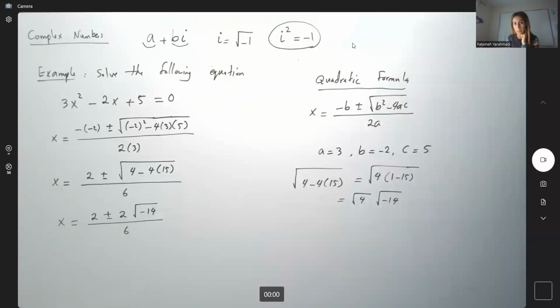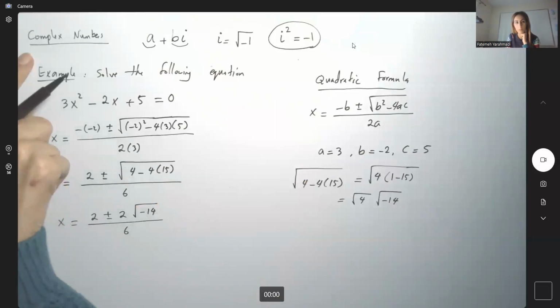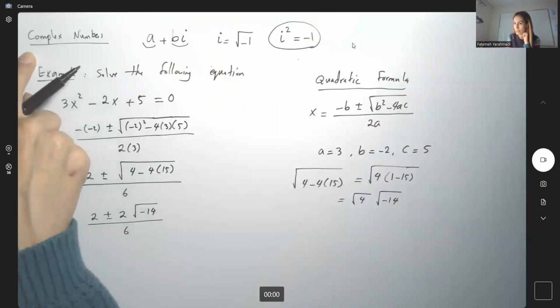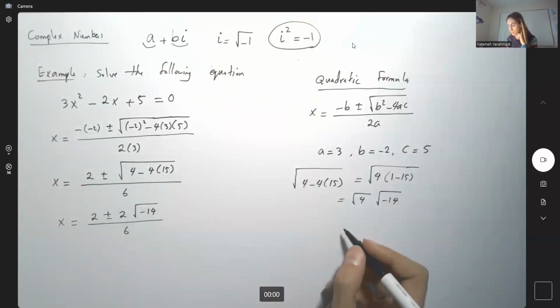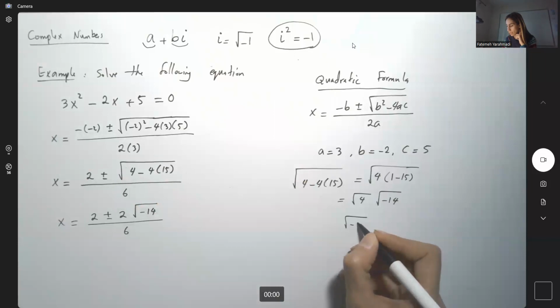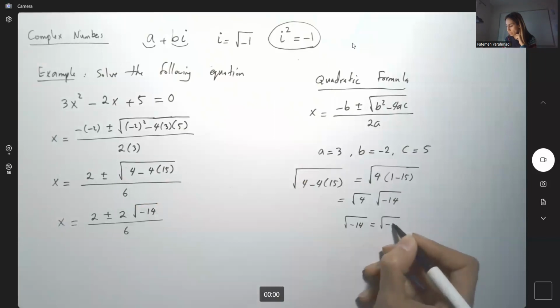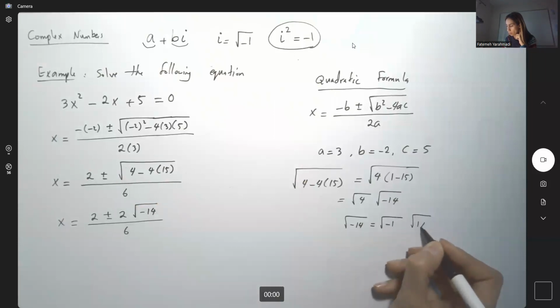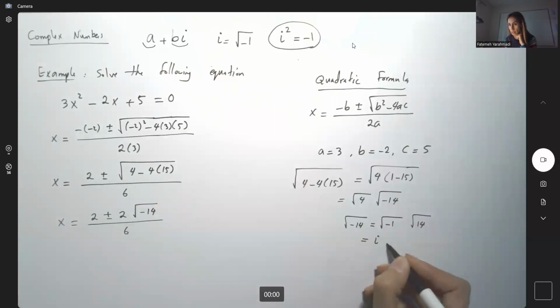Well, before learning about complex numbers, you would stop and say there is no real solution. But since you learned about complex numbers, you have to include the complex solutions as well. The square root of negative 14 is the square root of negative 1 times the square root of 14, or i times the square root of 14.